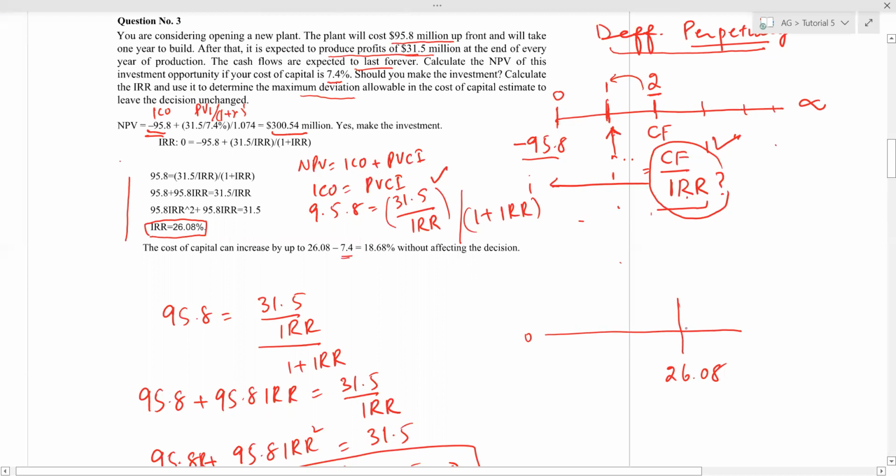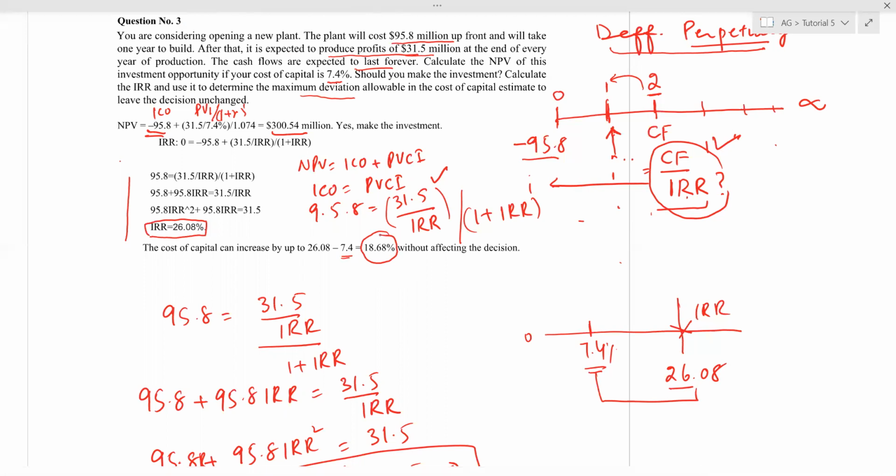So this is your IRR, but your actual cost of capital is 7.4%. What is the deviation? Deviation is the difference between your actual cost and IRR. So how much is the deviation? This is equal to 18.68%.